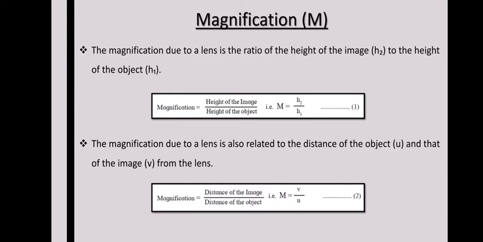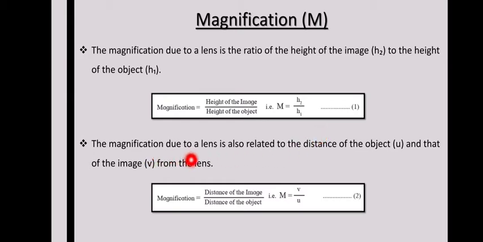Magnification. The magnification due to a lens, because lenses are basically to magnify the image. So the magnification due to a lens is the ratio of the height of the image and the height of the object. So h2 upon h1, that will give you the magnification.